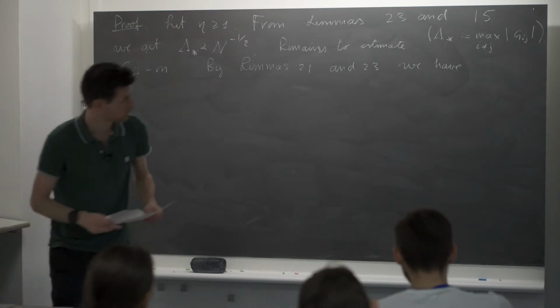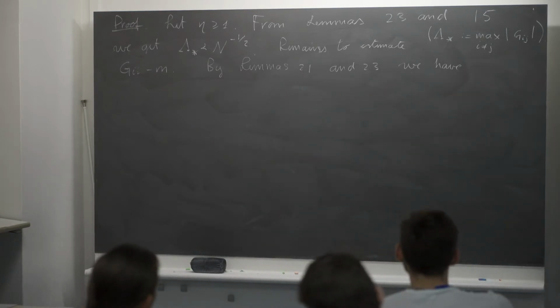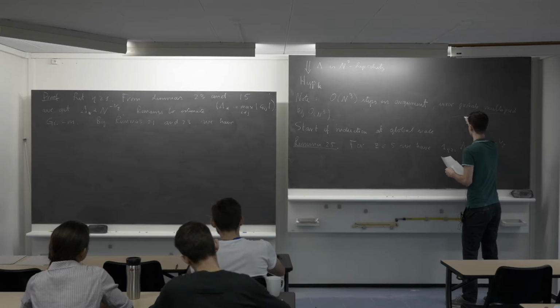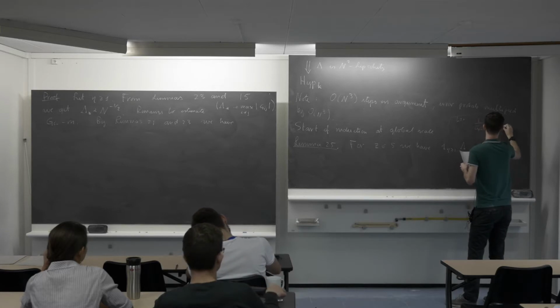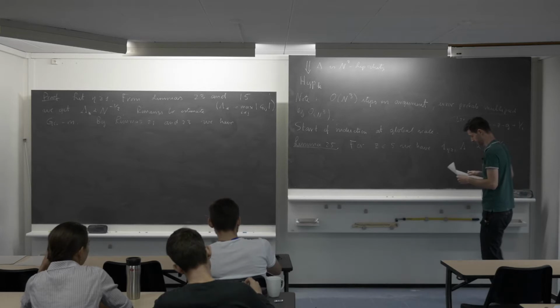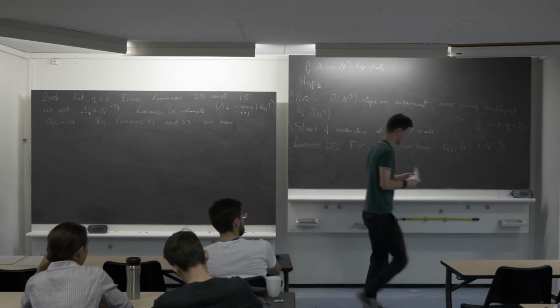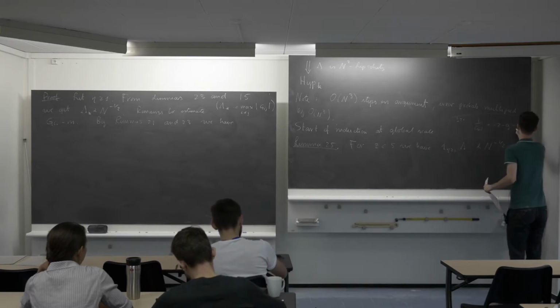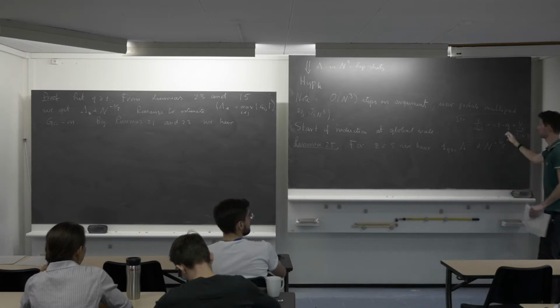I will just remind you what this lemma was. The way we wrote it, this was lemma 21: 1 over G_ii is equal to minus z minus g plus y_i. And y_i we proved exactly as before.